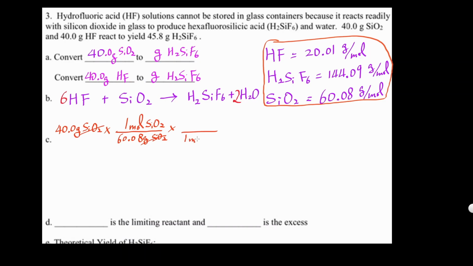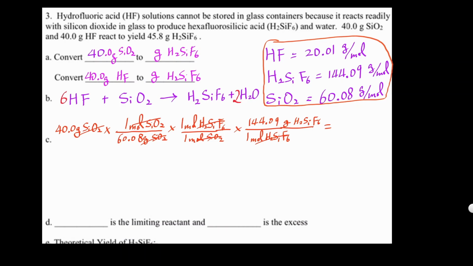For every 1 mole of silicon dioxide, we have 1 mole of H2SiF6; this is where you use stoichiometry, the 1-to-1 ratio. Then let's get all the way up to grams. 1 mole of H2SiF6 weighs 144.09 grams. They all cancel, all the units cancel except the one right there.